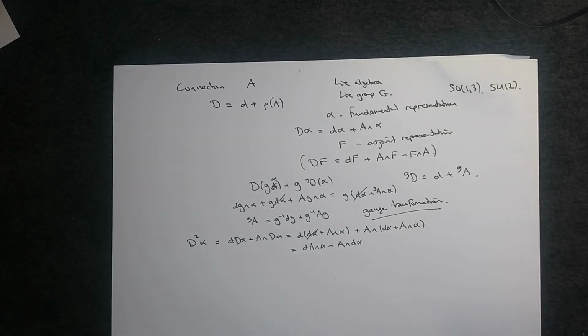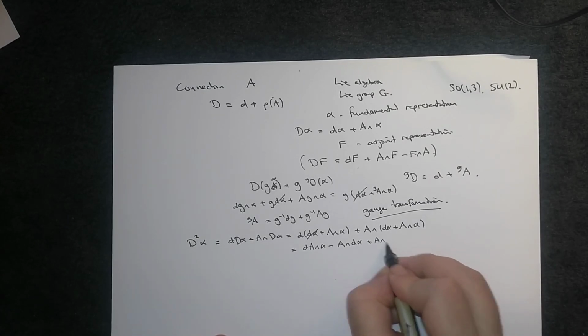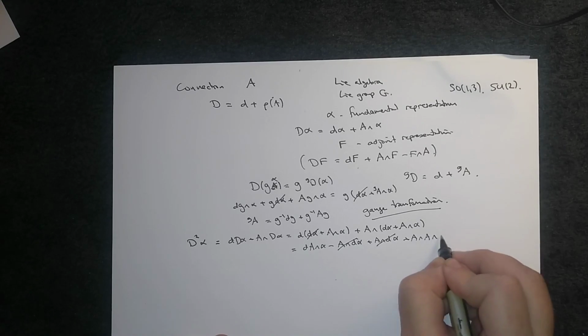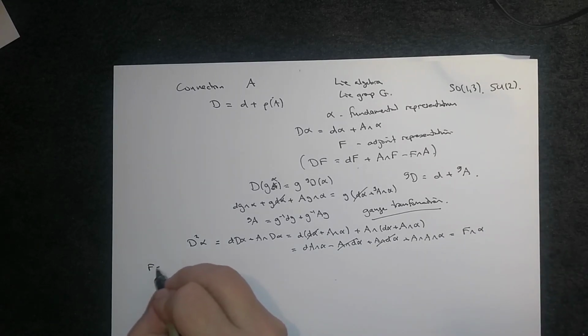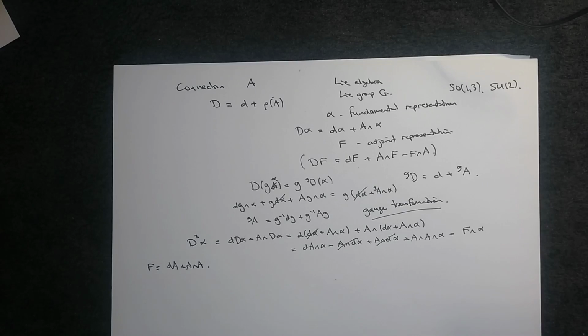Note the minus sign because of the anti-symmetry of the wedge product. So A wedge d alpha nicely cancels. A wedge A wedge alpha, and that's F wedge alpha, where F is equal to dA plus A wedge A. Now A wedge A is not 0 because in general A is an element of the algebra, and elements of the algebra generally don't commute.